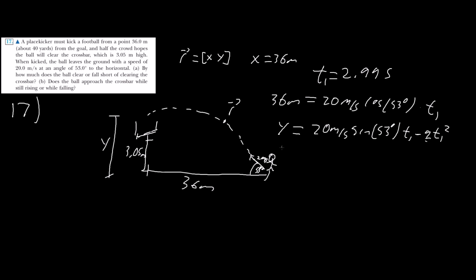So y here is going to be 3.94 meters high. All right, so the question is asking by how much does the ball clear the crossbar? So that's really going to be the difference between this and 3.05. So we're going to take 3.94 meters minus 3.05.